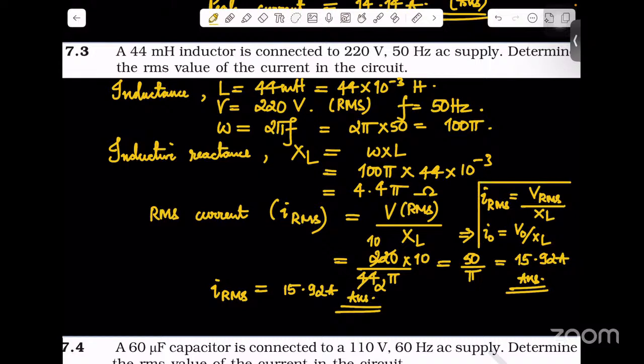Because IRMS is I naught upon root 2, Vrms is V naught upon root 2, so root 2 will cancel from both sides. So you can get the same relation with the peak current as well as the RMS current. So I guess this question is clear to everyone. Let's move on with the next question.